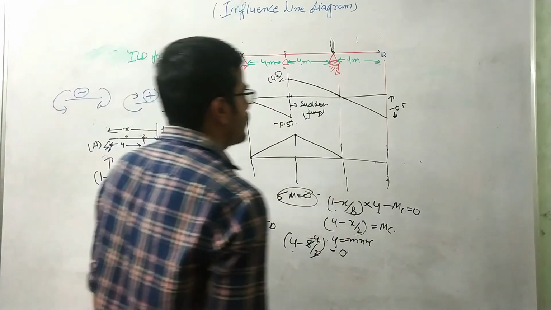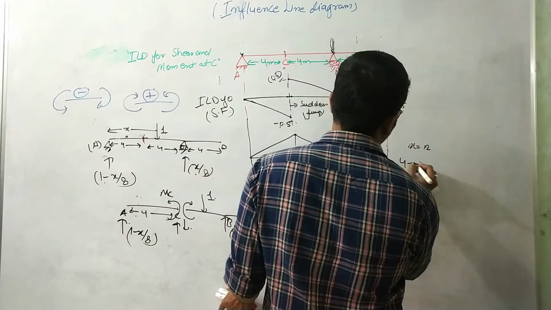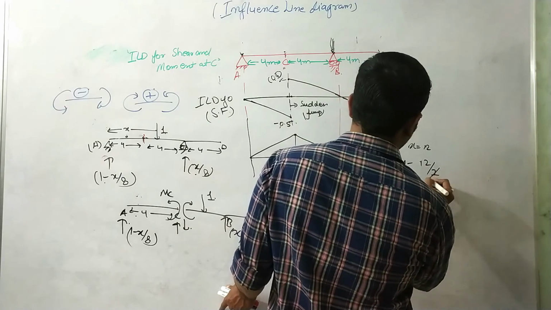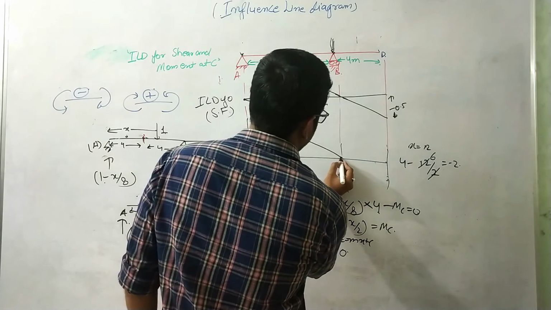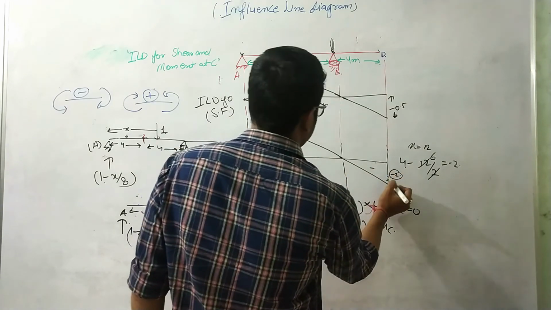Now when x equals 12, the moment will be 4 minus 12 divided by 2, so it will be nothing but 4 minus 6, which is minus 2. So at this point the moment is negative, minus 2.